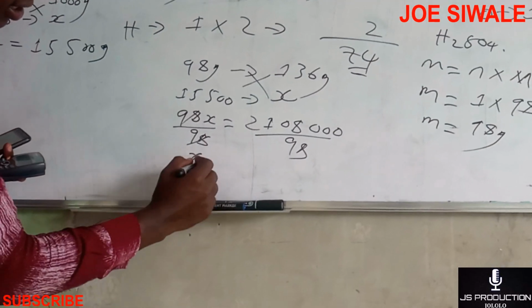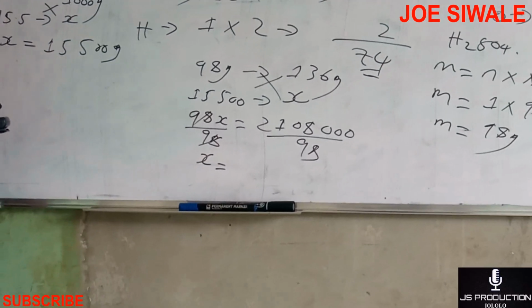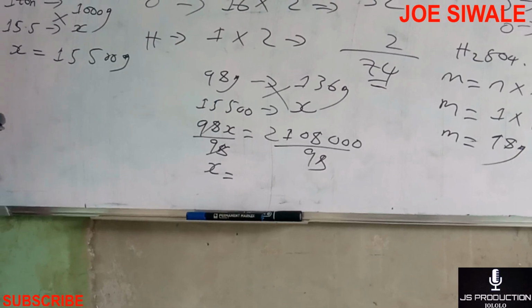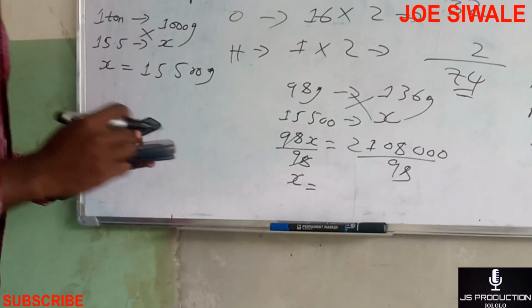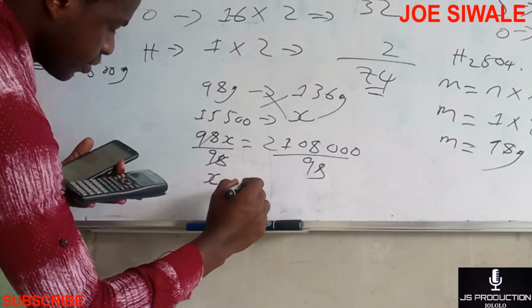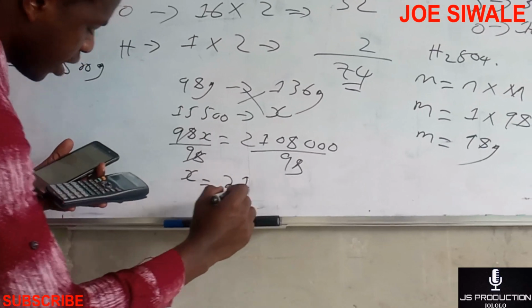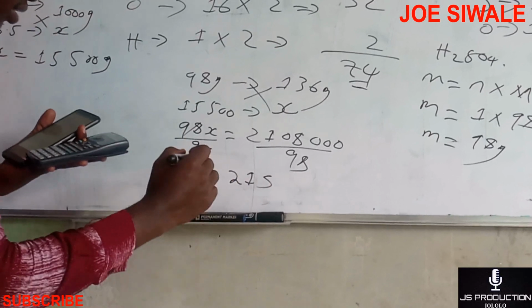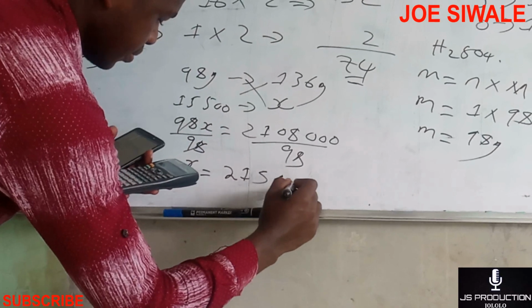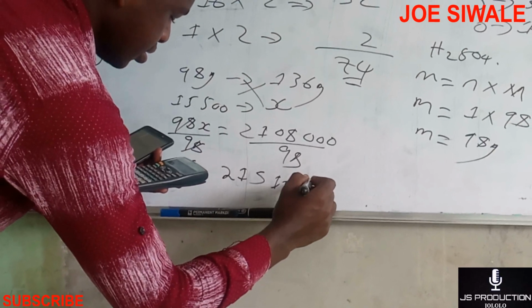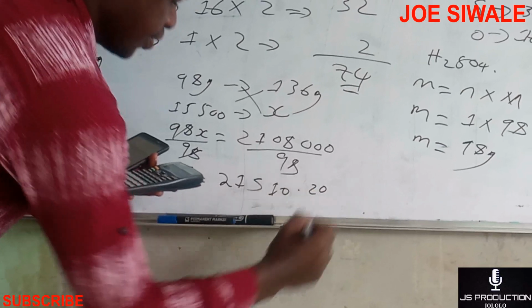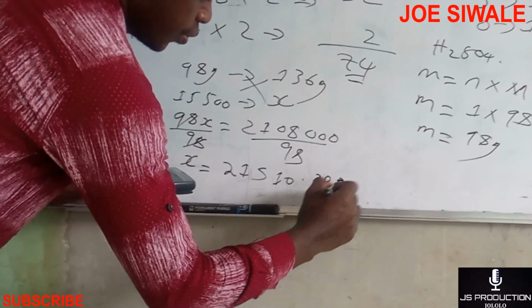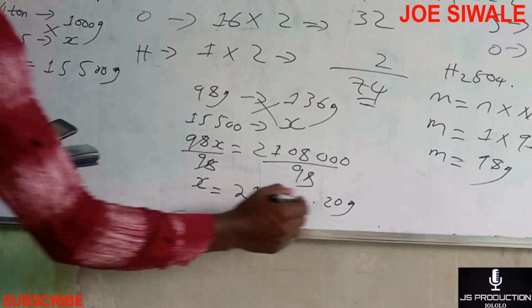And to calculate the value of x, I'll divide by 98 here and here 98. So my x is equal to, so divide by 98. I'm having 21,510.20 if I round off to 2 decimal places.